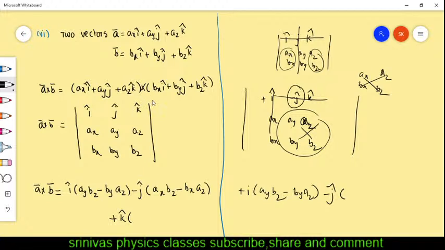Now what we have to do: k cap column closed and k cap row closed. These two we should close first, k cap column and row. When you close them, the remaining, when the k cap column is this and the k cap row is this, we should close like an L shape.